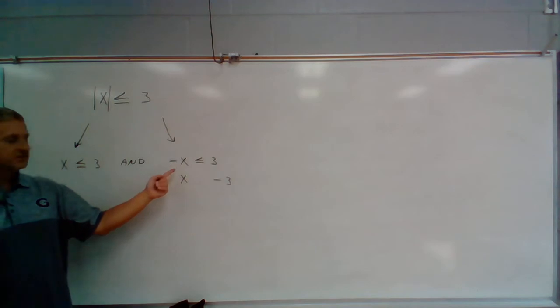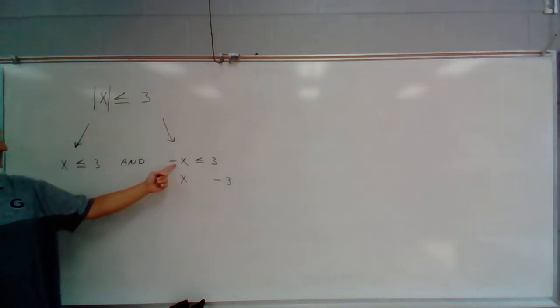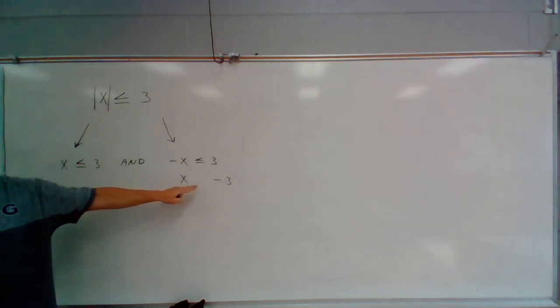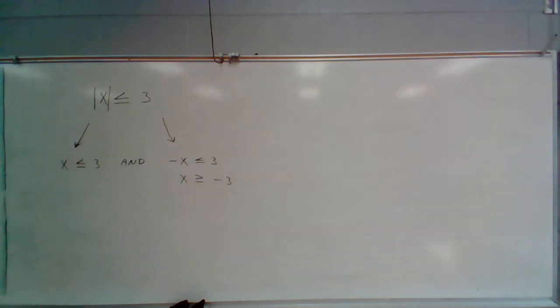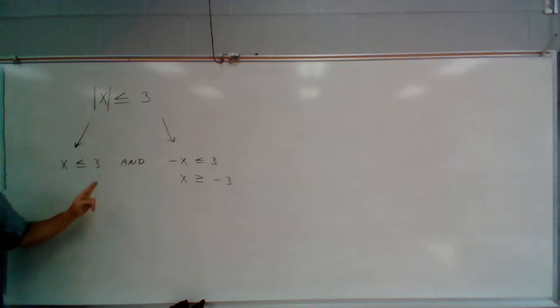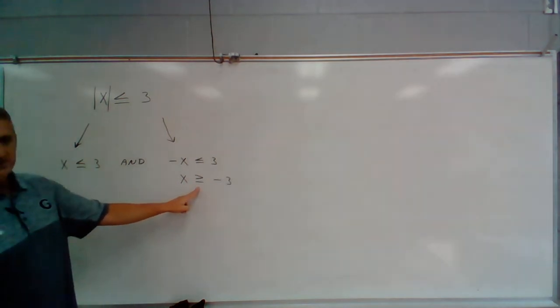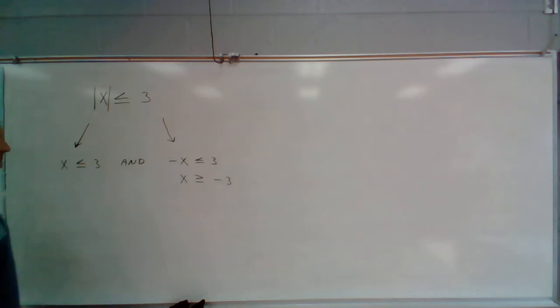Remember, with inequalities, if you multiply or divide both sides by a negative number, it flips the way the inequality points. So I'll have that. All right, so I have x is less than or equal to 3, and x has to be greater than or equal to -3.